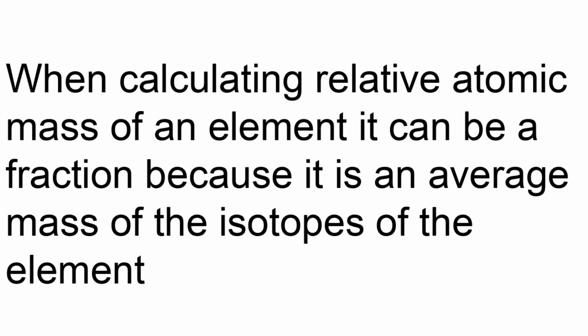When calculating the relative atomic mass of an element, it can be a fraction because it is an average mass of the isotopes of the element. Therefore, when it is a fraction, don't be worried. It can be a fraction because it's a comparison.